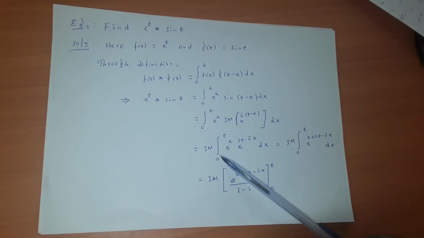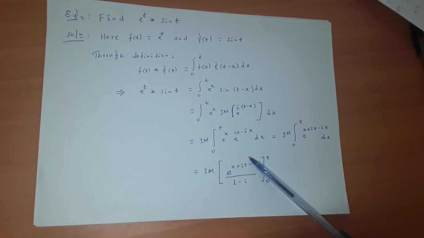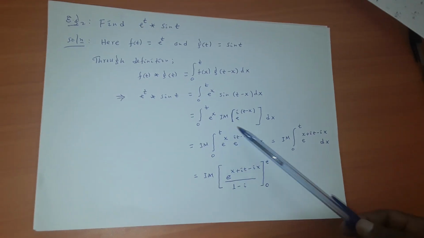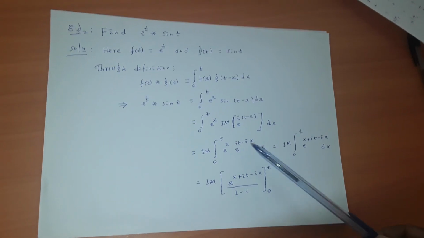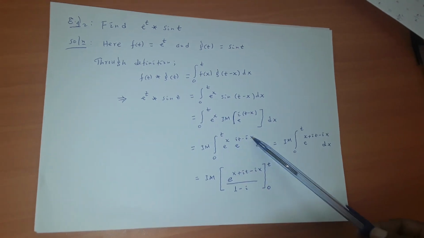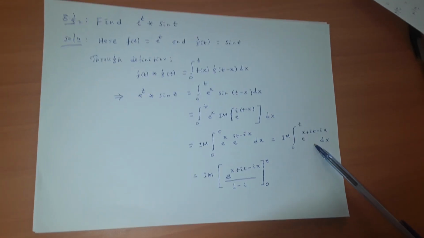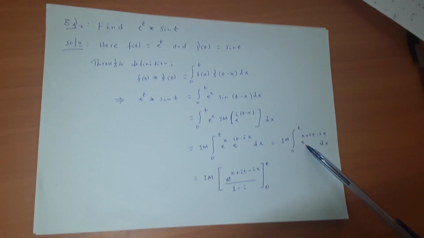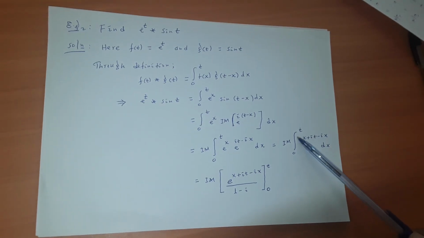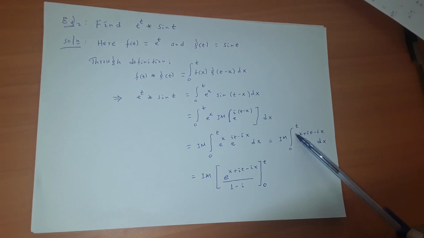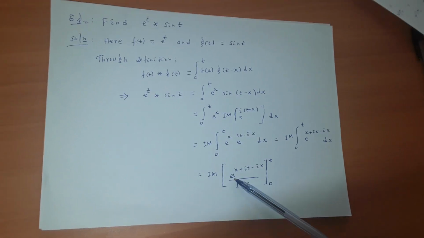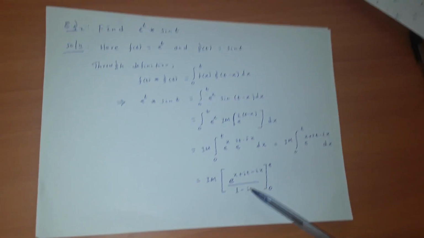The imaginary part can be moved out of the integration. We first sum up the exponents due to the same base here, as we did several times. So we make a substitution, letting this be u, and so on.